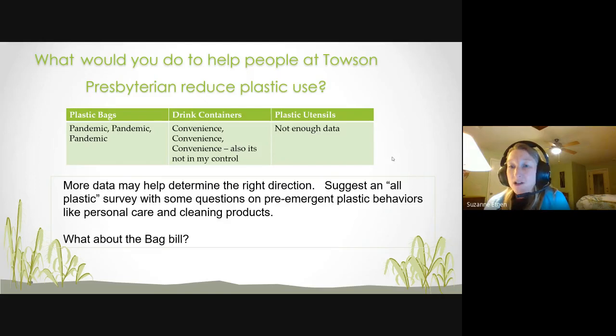And I think if you could learn a little bit more about the biggest type of plastic bottle or drink container that's being used, then you could target more specifically what to do about that particular thing. If you remember, I think Towson had 26 surveys. I don't remember exactly, but in the 20s, and you're a congregation of 400 and some, right, Charlie?